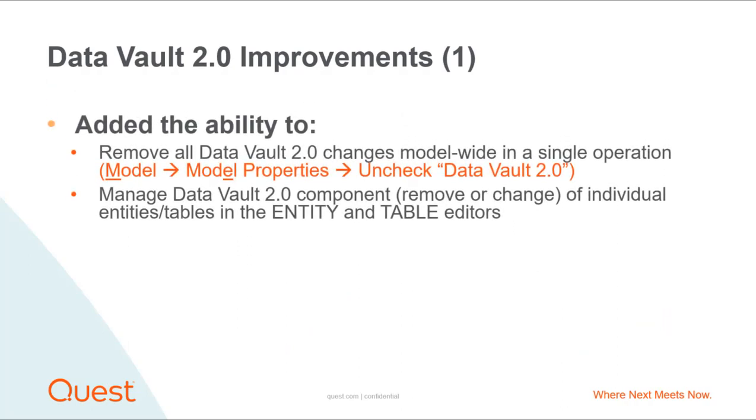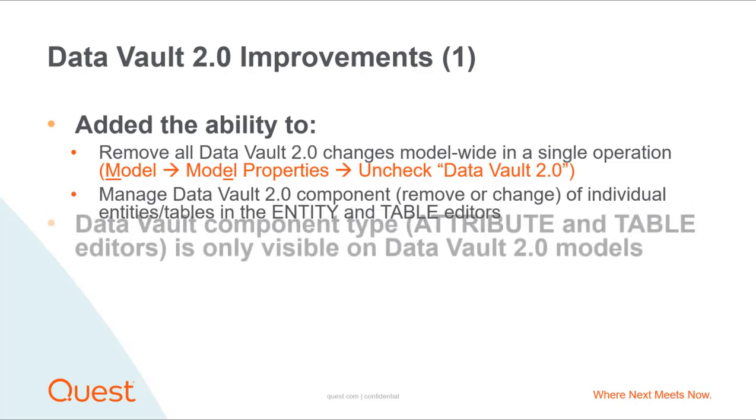Data Vault 2.0 improvements include the ability to remove all Data Vault 2.0 changes model-wide in a single operation, as well as the ability to manage Data Vault 2.0 components, that is, to remove and or change those components, of individual entities and or tables in the entity and table guided editors.